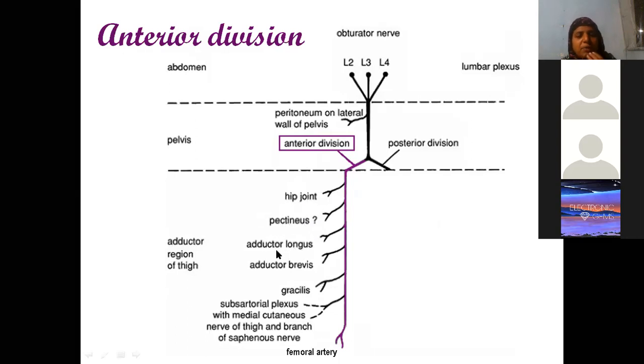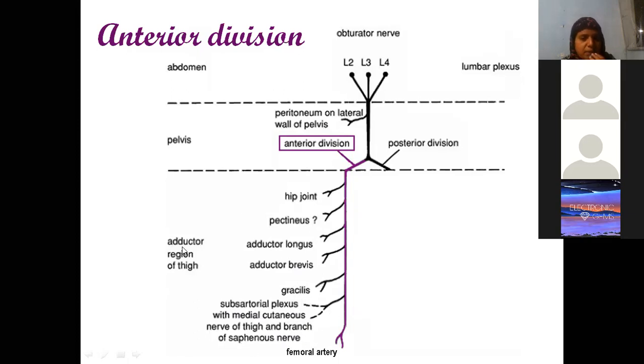Then we have a twig going to adductor longus. All medial compartment muscles, nothing great, it's very simple: adductor longus, adductor brevis, gracilis, and pectineus. Magnus is not written here because it will be supplied by the posterior division. The subsartorial plexus is also formed by the anterior division of the obturator nerve.